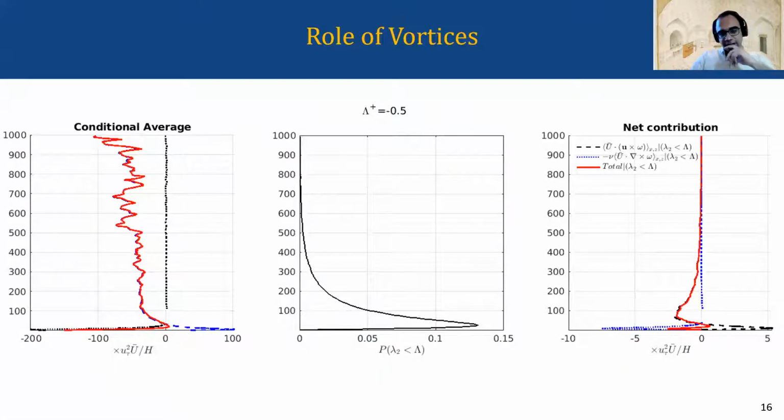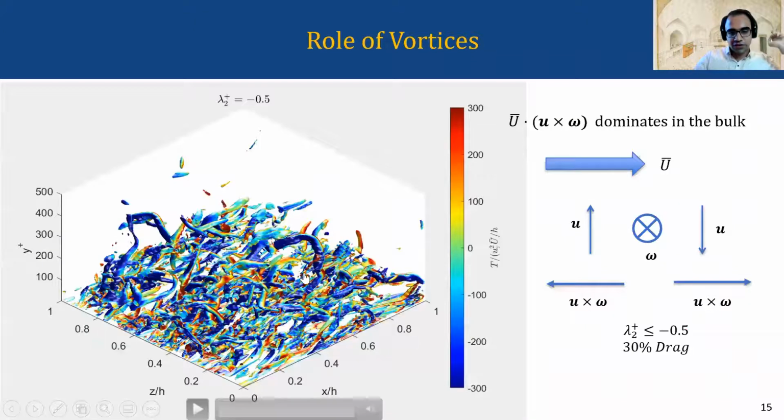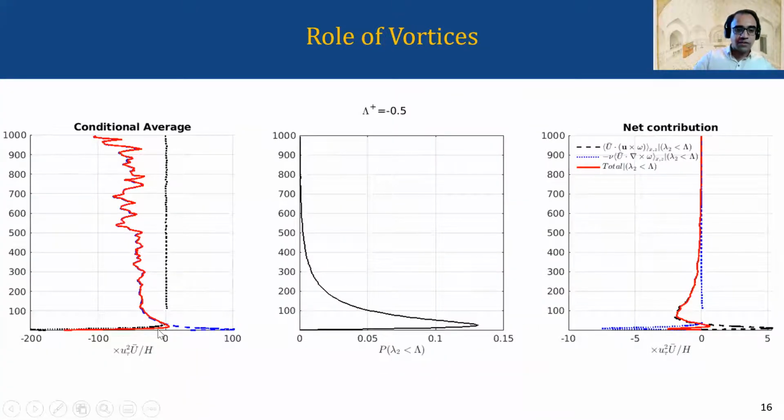So what you see here for the 0.5 case, the leftmost plot, shows the conditional averaging. I'm not quite sure why it's pixelated here, but what you see is that if you just average over these structures, the magnitude of T which you get is very high, so it's really negative.